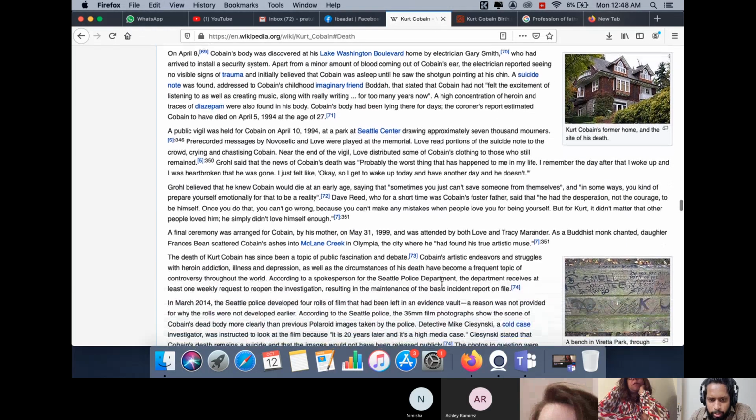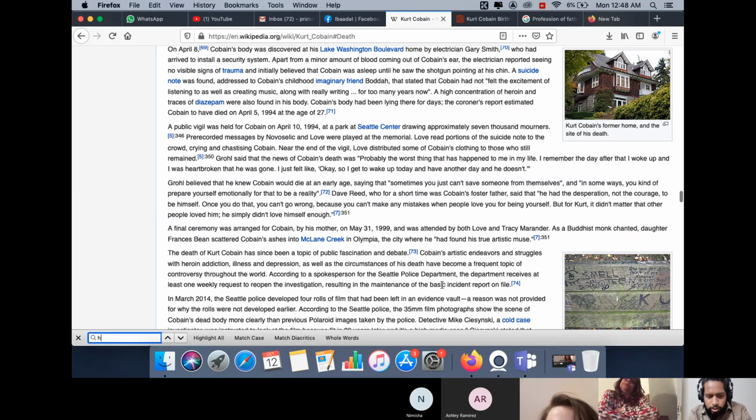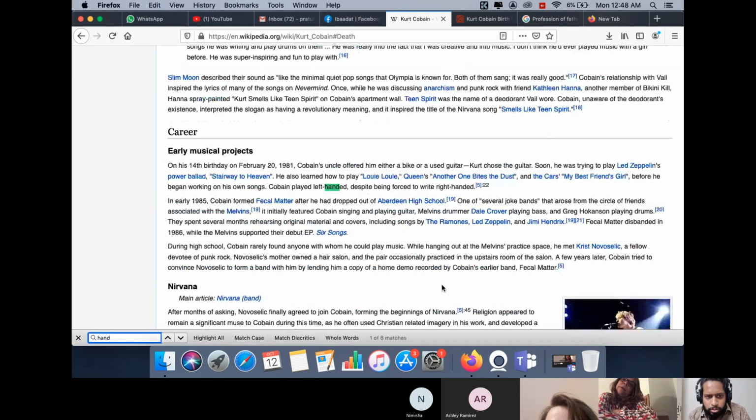No, I know about that, his left hand, but a person can kill himself with either hand, no? But let me see if they have any. You find the keyword. We got 8 matches. Look, Cobain played left-handed guitar despite being forced to write right-handed.